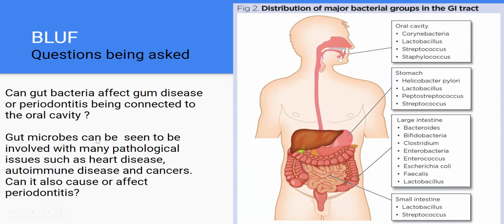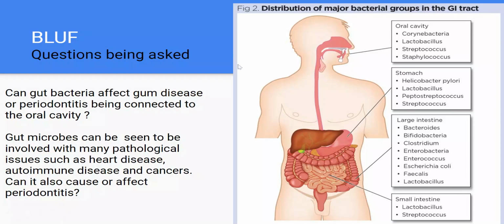Gut microbes are involved in many pathological issues like heart disease, autoimmune disease, and even cancer. So, can they also cause or affect periodontitis? We already know about the other diseases caused by gut microbiomes, but here it's very interesting that they are researching periodontitis.